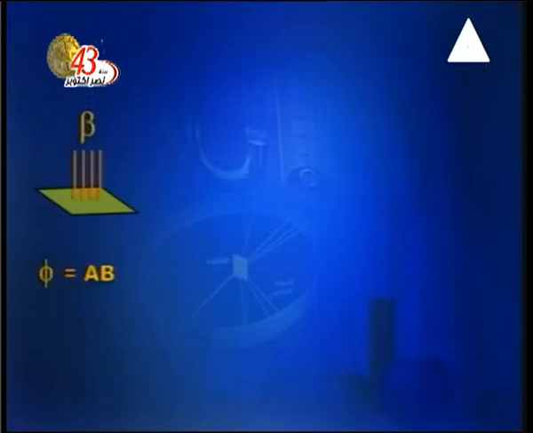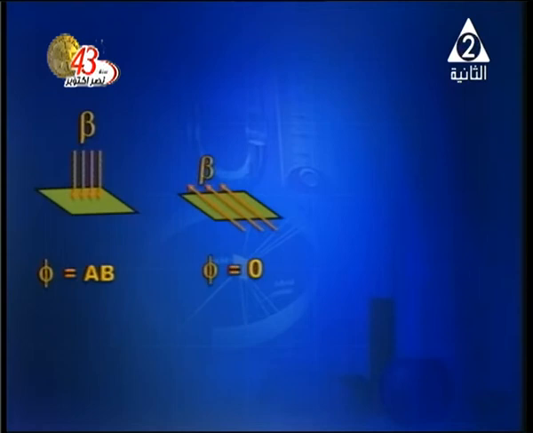In front of you, we've got three cases. This is the plane of the coil. If the magnetic flux lines are perpendicular, the flux is given by the product AB. If they are parallel to the plane, the flux is equal to 0. What if they make an angle alpha with the plane?